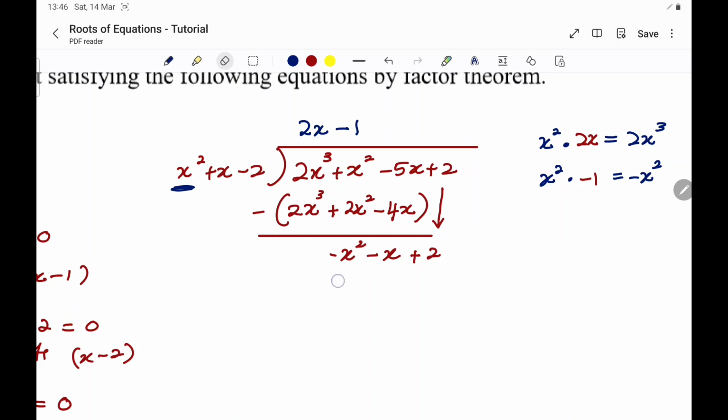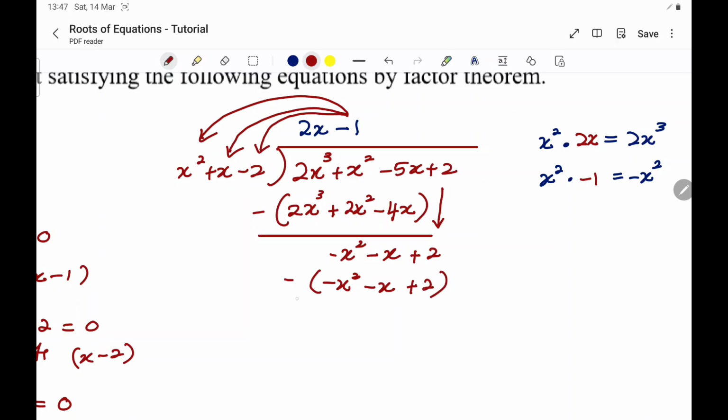Then here you substitute one by one: negative 1 multiplied with x squared gives negative x squared. Negative 1 multiplied with x gives negative x. Negative 1 multiplied with negative 2 gives positive 2.